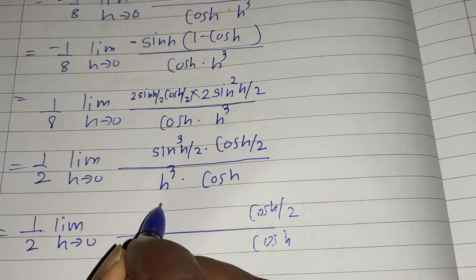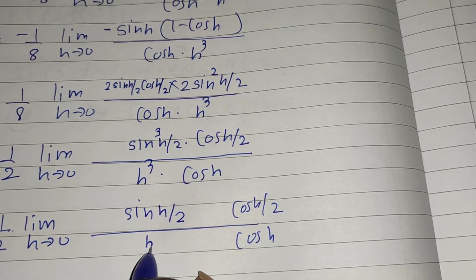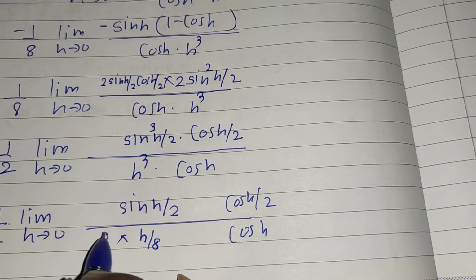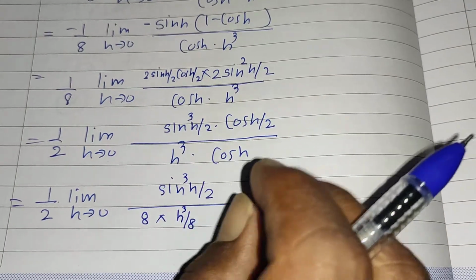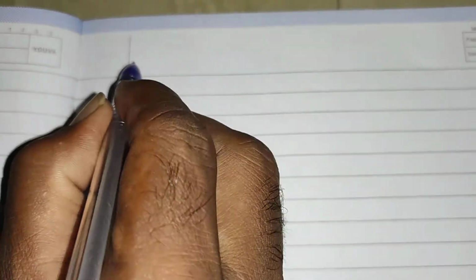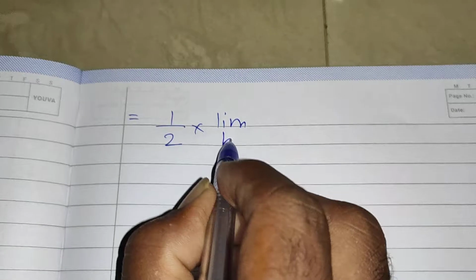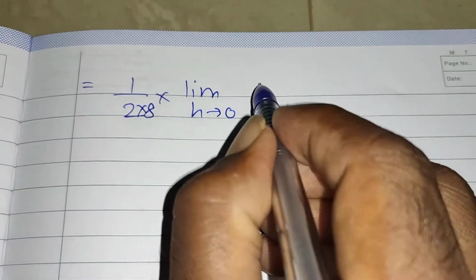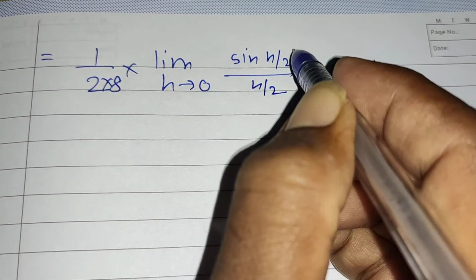Here sin h by 2 as it is, and this is replaced by h upon 8 multiplied by 8. This is cube over here, and this is also cube over here. This 1 by 2 as it is into limit h tends to 0 as it is. Now this 8 also outside as it is. Sin h by 2 upon h by 2.